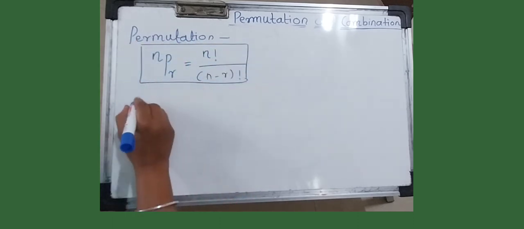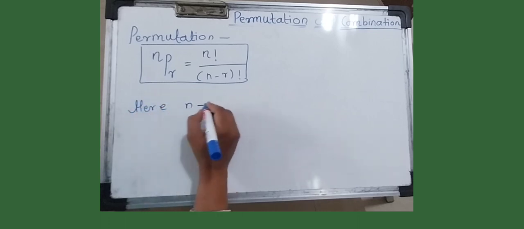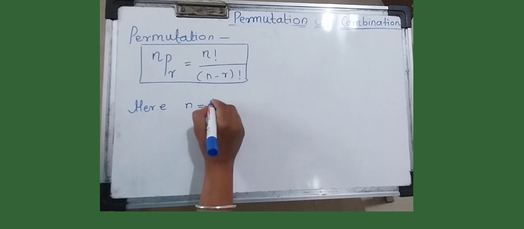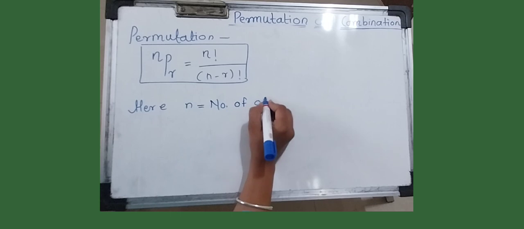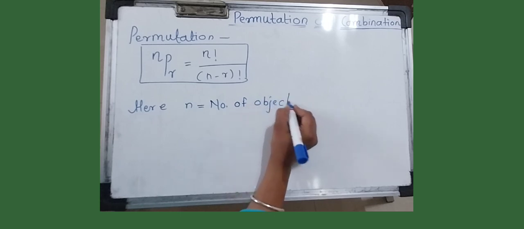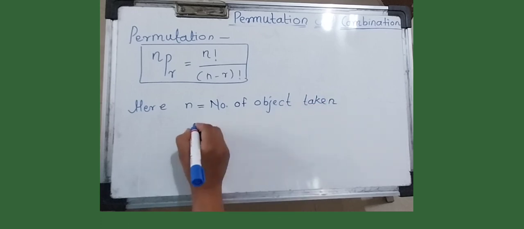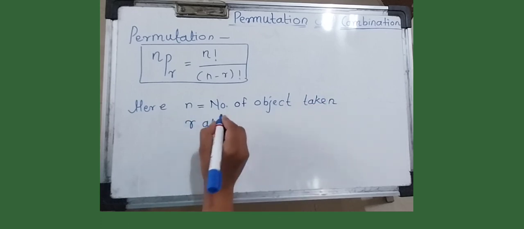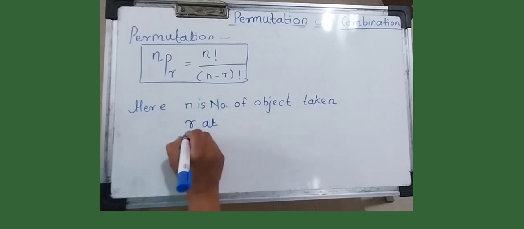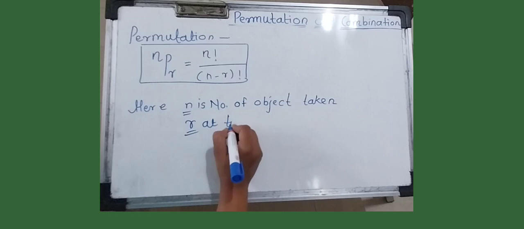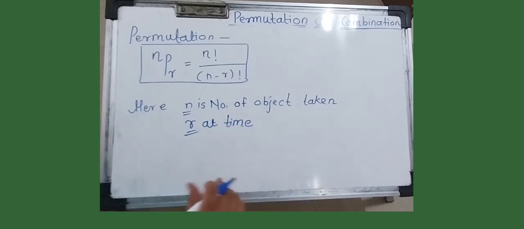Okay, here n is the number of objects taken r at a time. Okay, this is the permutation.